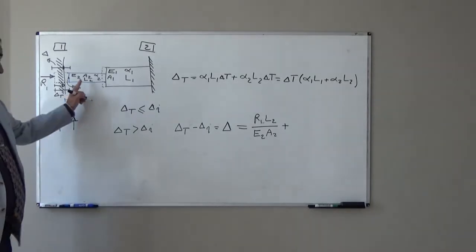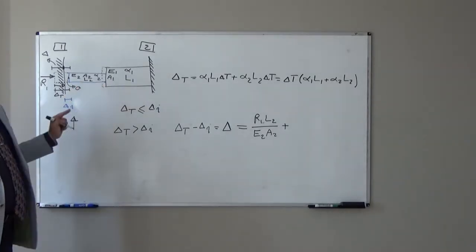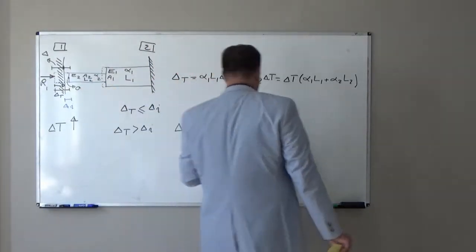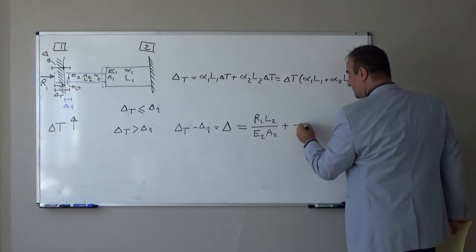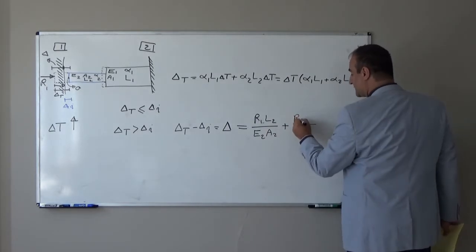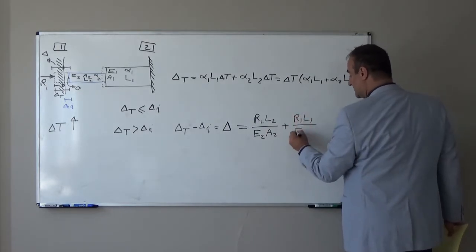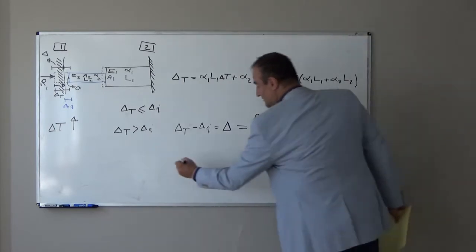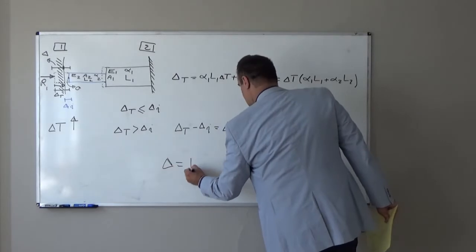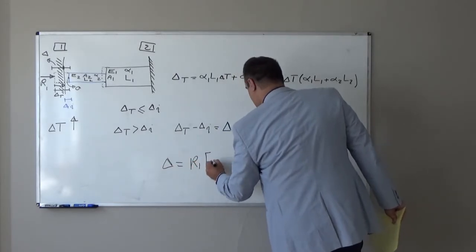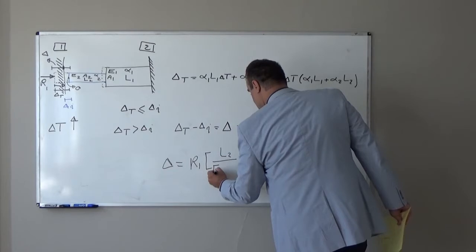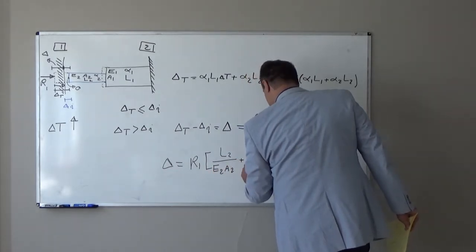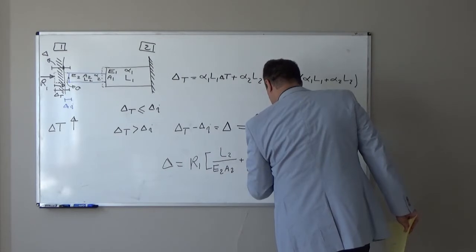So internal force in each segment is R1. Deformation of part 2 because of R1 is this term. Deformation of part 1 will be R1 L1 over E1 A1.